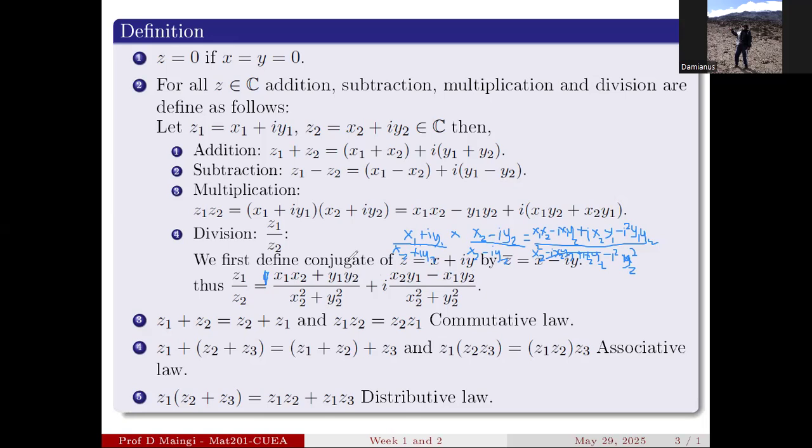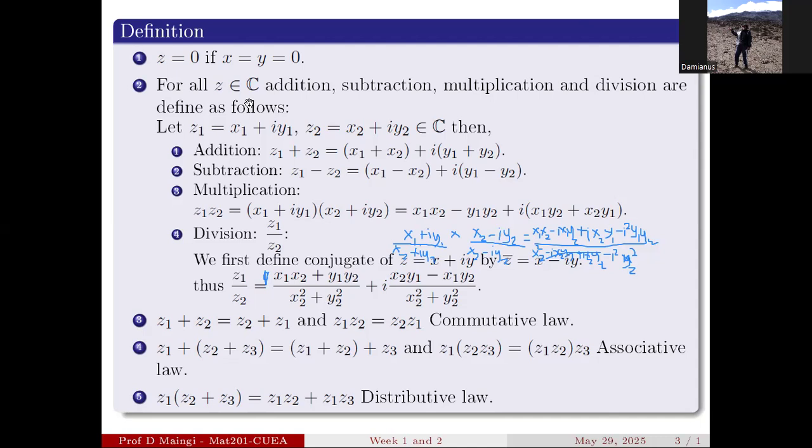Now here, the way I wrote the answer, I actually split it into two. So you have the real part, which has no i, and the imaginary part, the one with i. That's why I wrote the answer like this. And why? Because I've told you, as far as the definition of the operations is concerned, when we add two complex numbers, when we subtract two complex numbers, when we multiply two complex numbers, and when we divide two complex numbers, we should get a complex number.